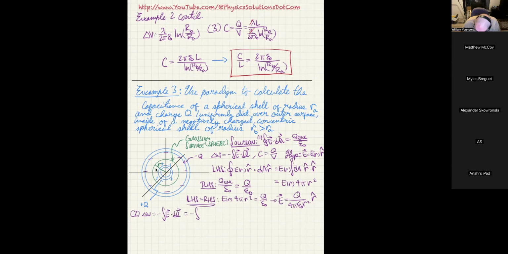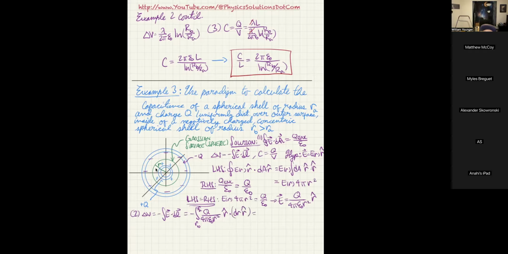Now that's going to be negative, and then our E is Q over 4 pi epsilon naught r squared, r hat, dotted with, this time I'm again going to use the dl in the positive coordinate direction, but I'm going to integrate in the direction of the limits of integration. So I'm actually integrating from outside, which would be RB, to inside, which would be RA. So I'm going to make this RB to RA just like I did before, and then I'll have to let the dl point in the positive coordinate direction, which is dr r hat.